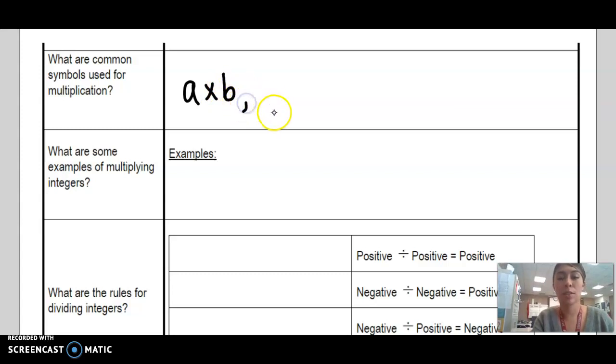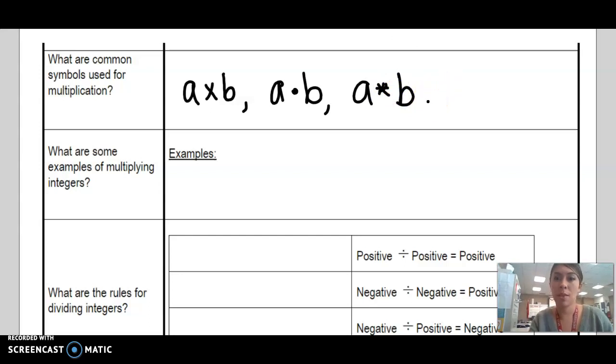Another way you'll see multiplication is the dot. So A multiplied with B. Another one you will see is also A with a star. B, that also means multiplication.